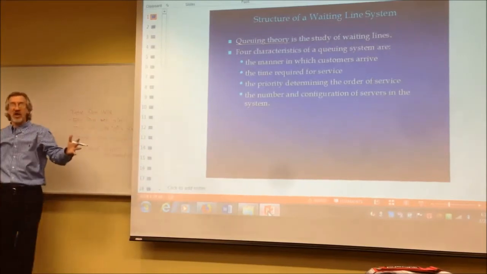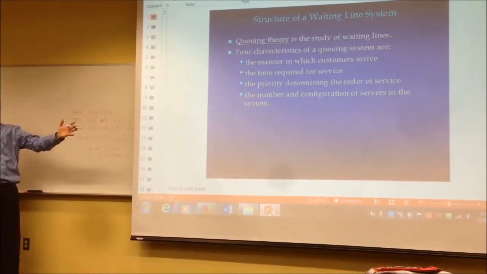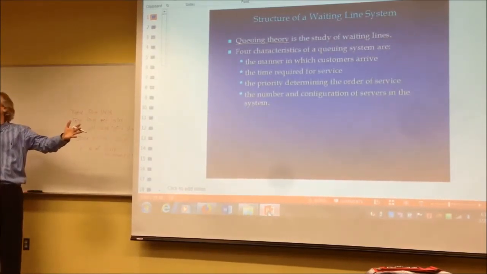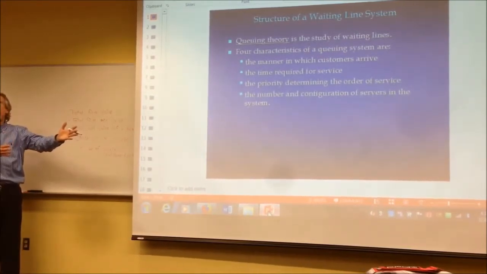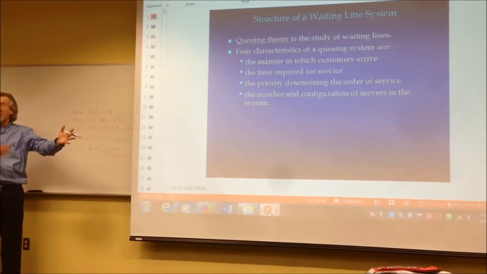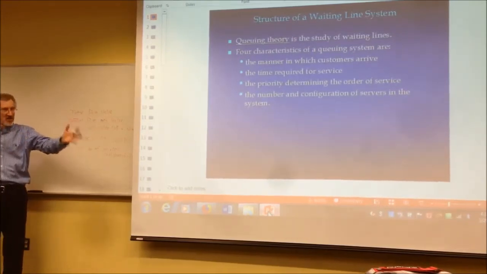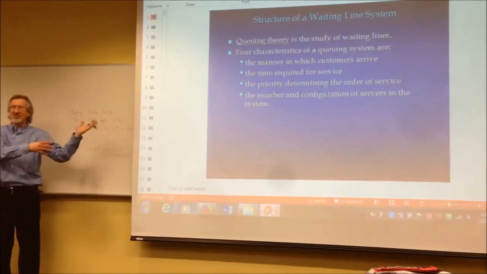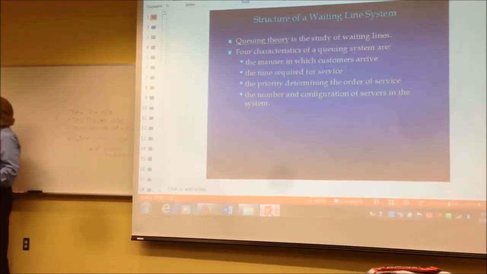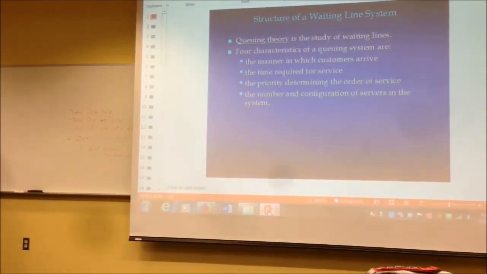So when a car pulls up, it's single channel, because if it gets busy, and you can see on a sunny day when finally spring really does hit, you'll see cars lined up to get washed at an automatic car wash. And that's a single channel, because there's only one automatic car wash they can go through. Yeah, there's the manual ones, but I'm talking about an automatic. So that would be a single channel.